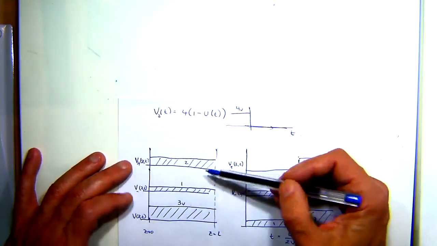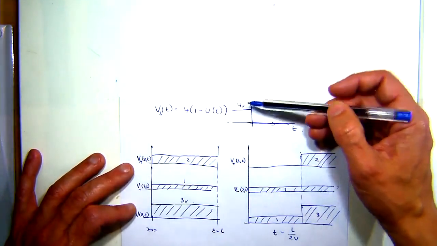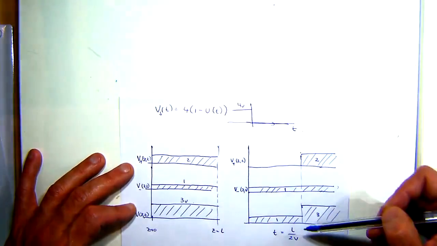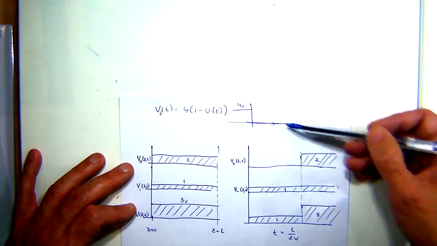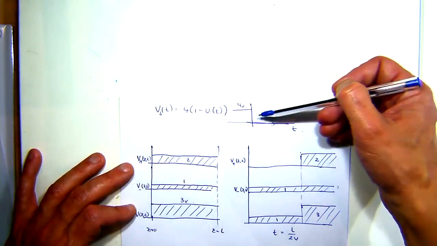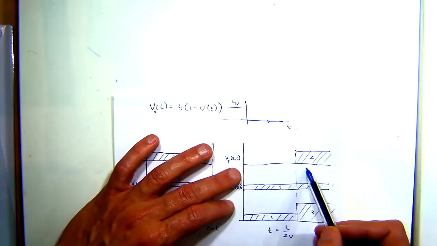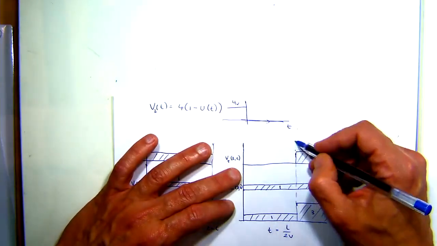We know at time equals 0, this is the situation. At time equals L on 2V, what happens is this voltage goes to 0, so wherever it was 2 volts, it's gone to 0 volts.